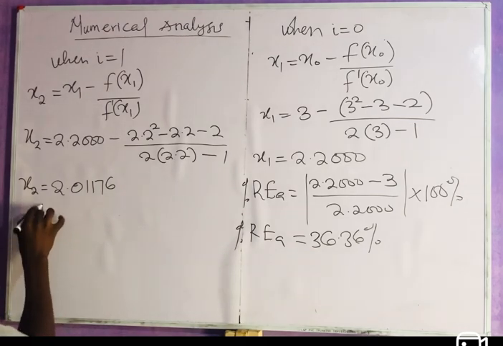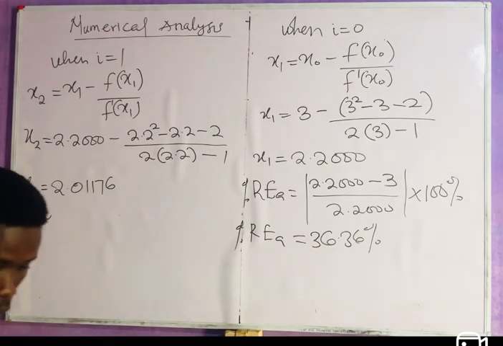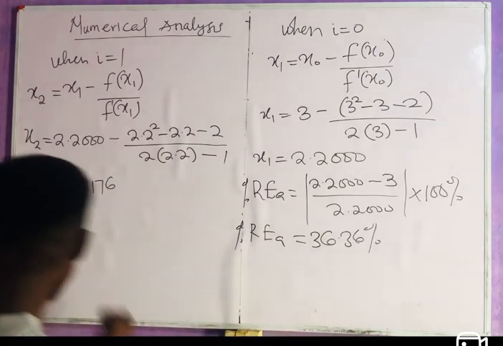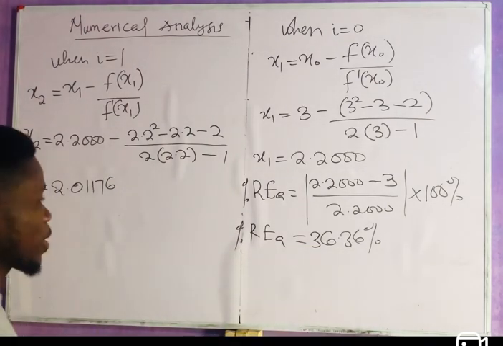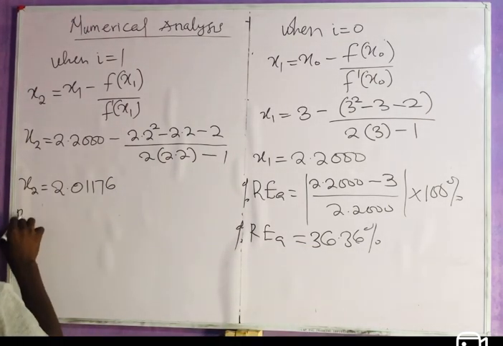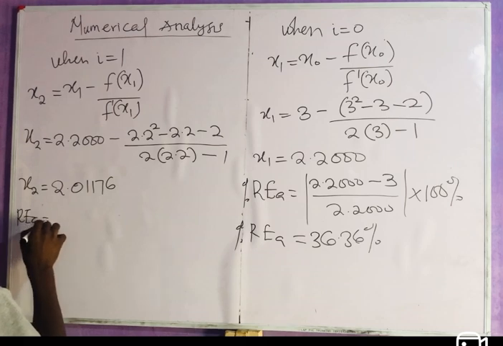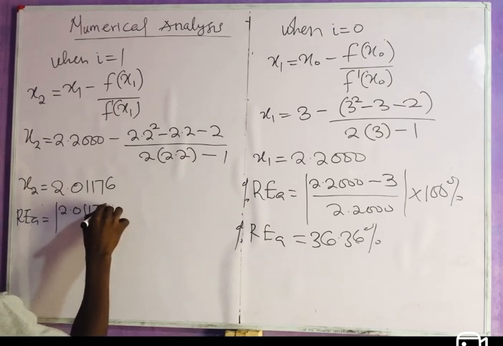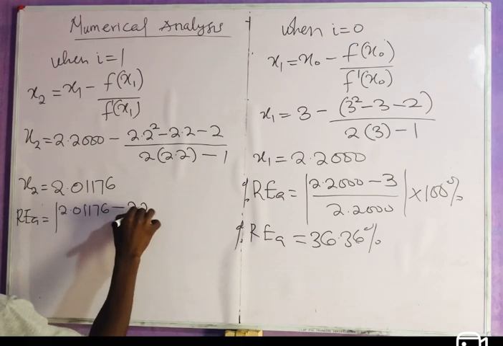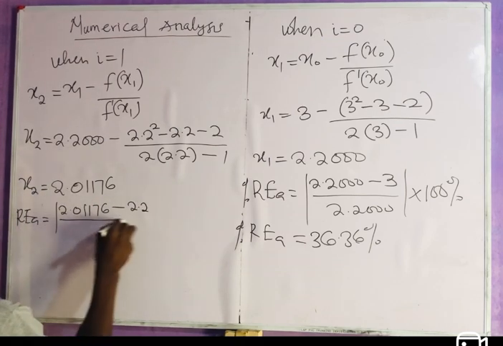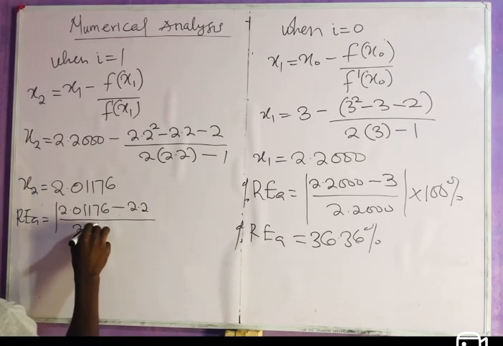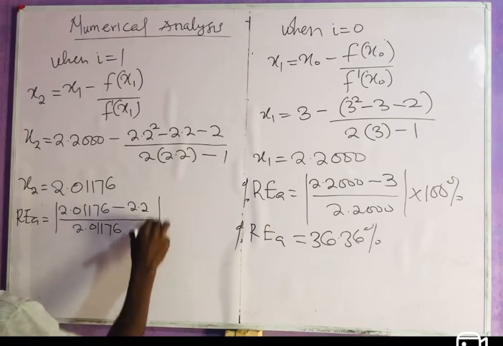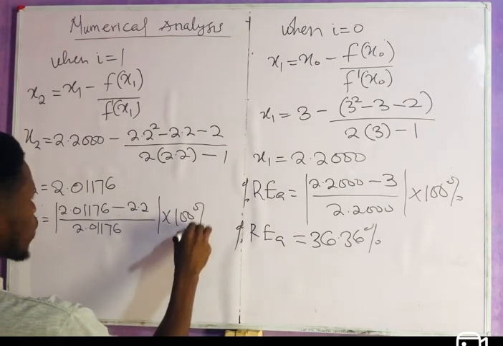So now let's move on to the next one. Let's check the relative approximate error first. So our relative approximate error will be 2.01176 minus 2.2, that's the previous, all divided by the current, which is 2.01176, multiplied by 100.